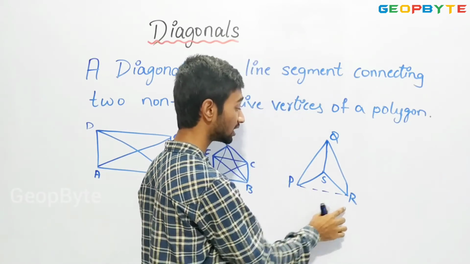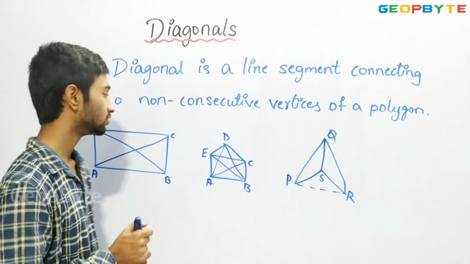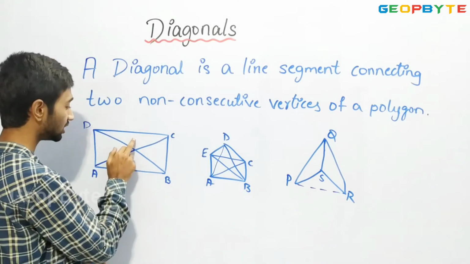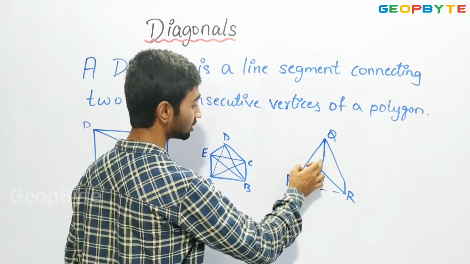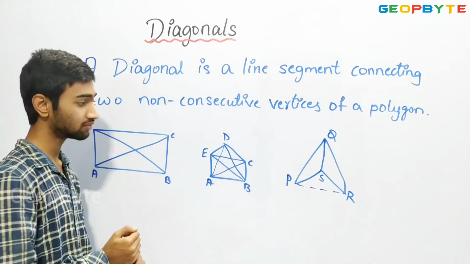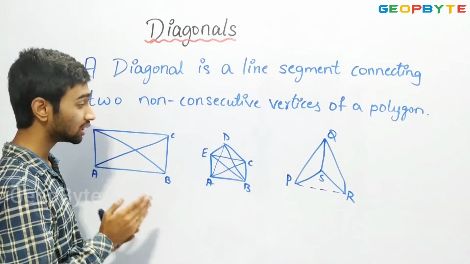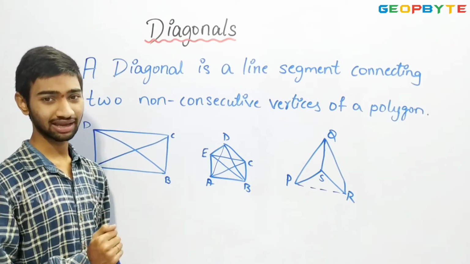Here PR is an exterior diagonal. Therefore, some figures have interior diagonals, some have both interior and exterior diagonals, and there are also some figures which have only interior diagonals or only exterior diagonals.